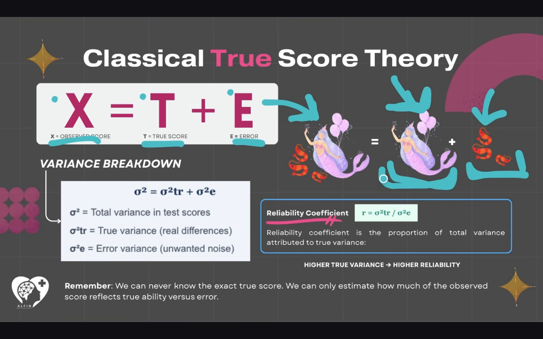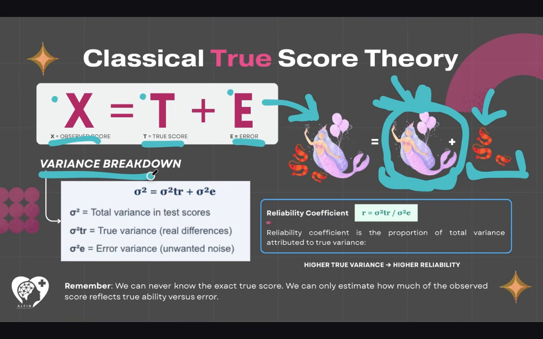Dili siya makita, no? So we can only estimate the mermaid. We can only estimate the value of our true score. Mao gyud na siya ang pinaka key insight when we're talking about capturing or measuring a certain construct.